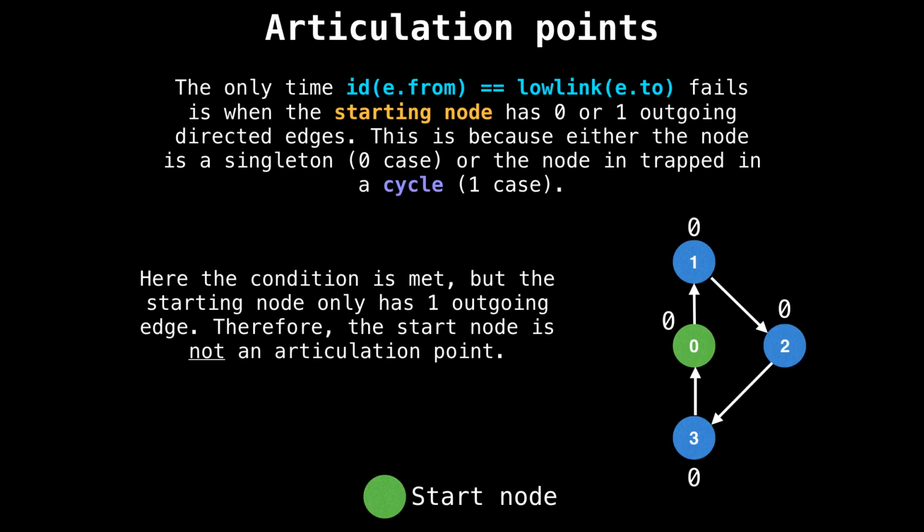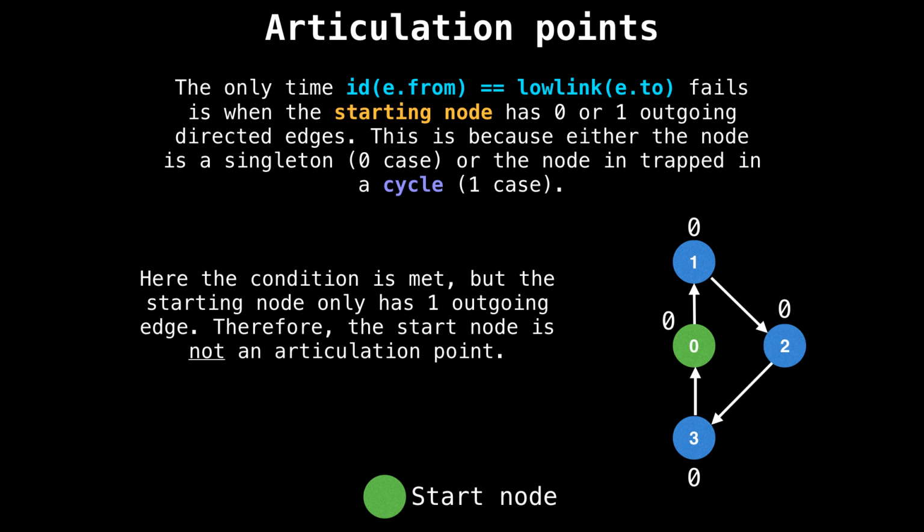However, there's just one exception to this, and this is when the starting node you choose has either no outgoing edges or is part of a cycle and only has one outgoing edge. This is because either the node is a singleton, a standalone node, that is the case with 0 outgoing edges, or the node is trapped in a cycle where it only has one outgoing edge. To be an articulation point, you need to have more than one outgoing edge.